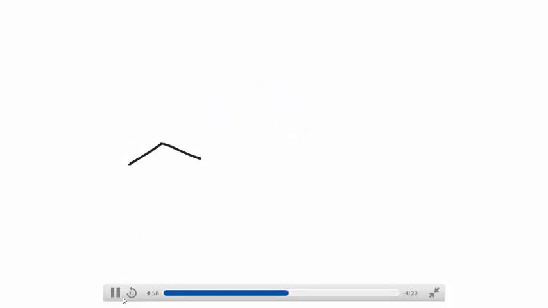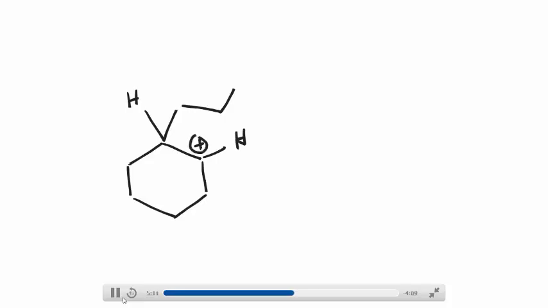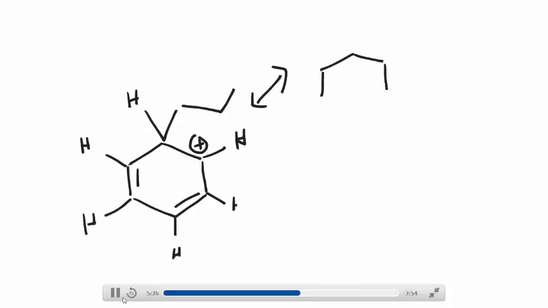As this occurs, we make our resonance stabilized carbocation intermediate. And again, we can draw resonance structures showing the delocalization of that positive charge through the aromatic ring.